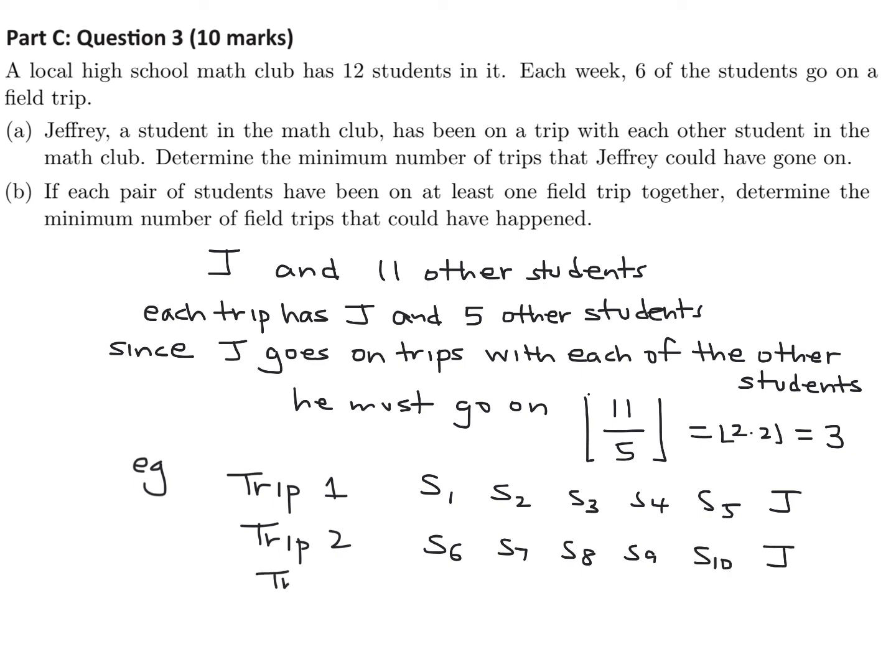And then trip 3, I guess we just put S11, and then Jeffrey, and then any 4 other students. And if you do that, it would match the criteria that Jeffrey has been on a trip with each other student in the math club, S1 through S11. So that's pretty much all that is.